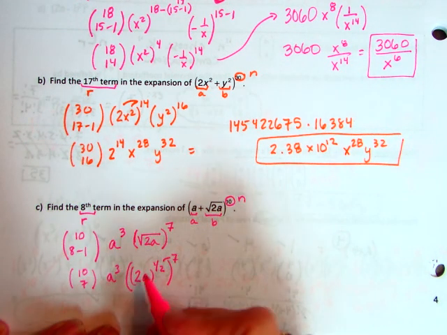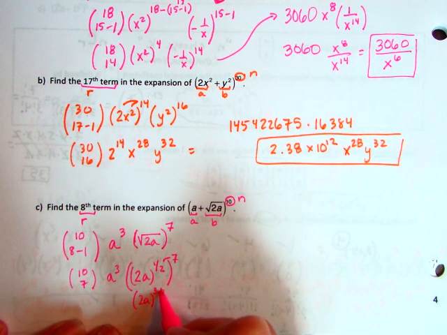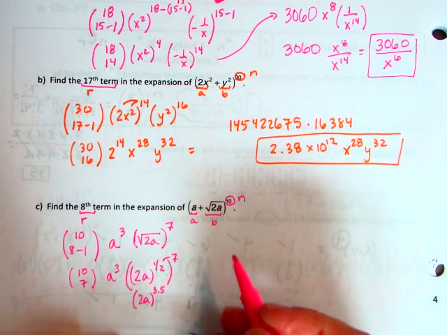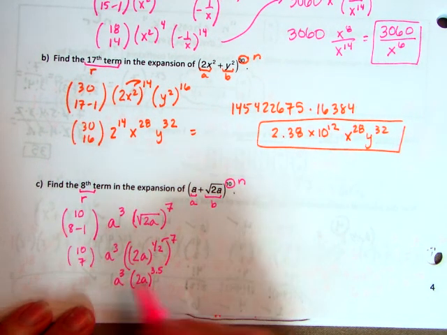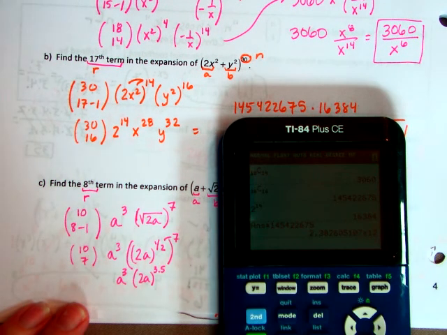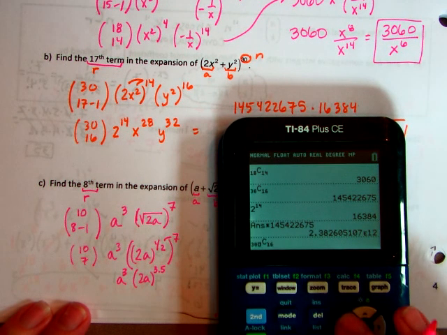A to the 3rd, 10 choose 7. That's not too bad to figure out on our calculator. 10 choose 7, 120. So 120. Okay, so this 3.5, what's happening there? Right, so let's keep going.